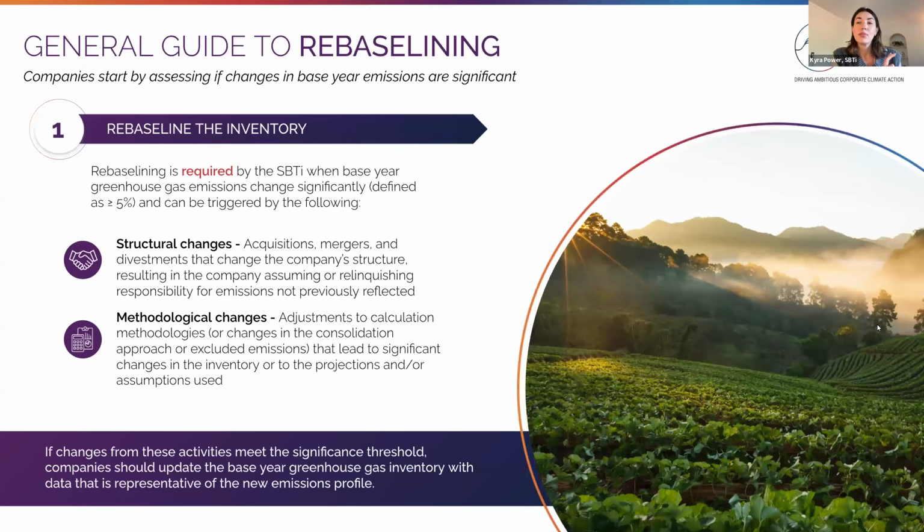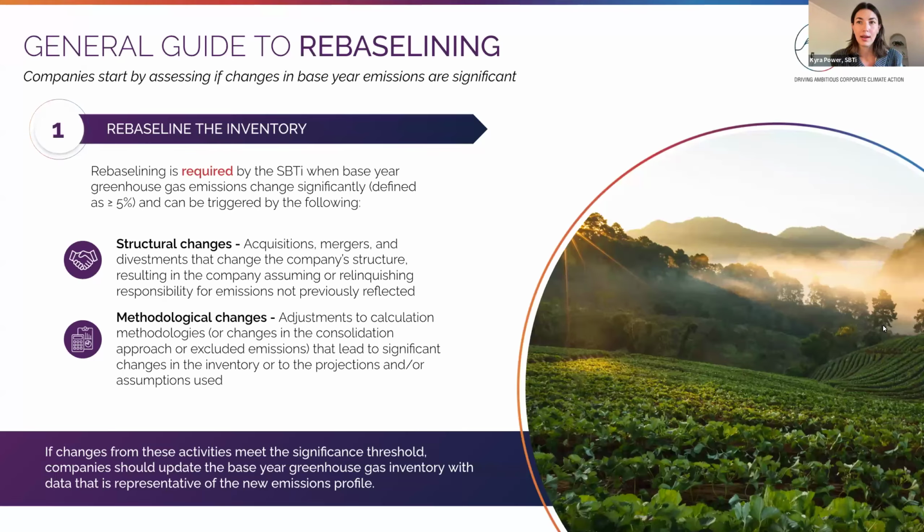So I'm going to call out just one very important note here on this slide. The SBTi in our cross-sector guidance, or our corporate net zero standard, and our near-term criteria, we require companies to rebaseline when overall changes to the inventory result in a change of 5% or more.